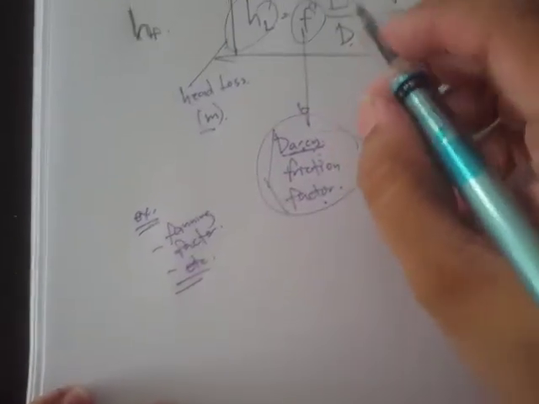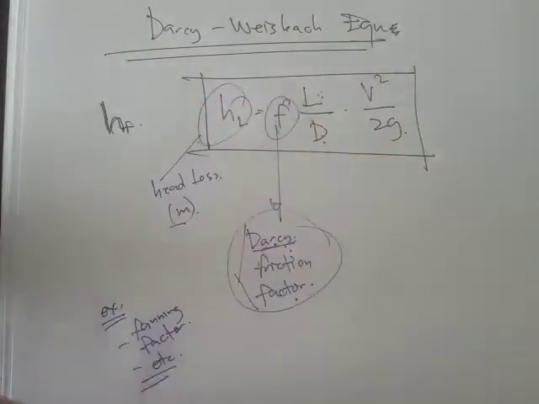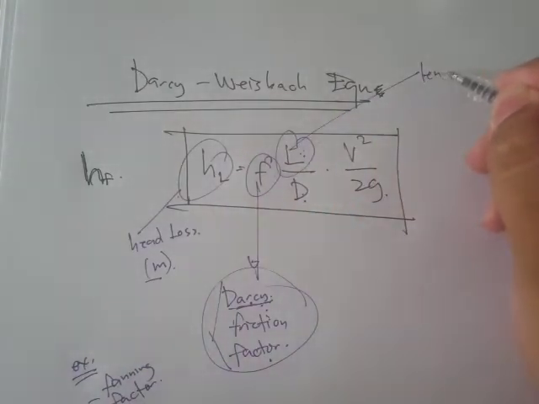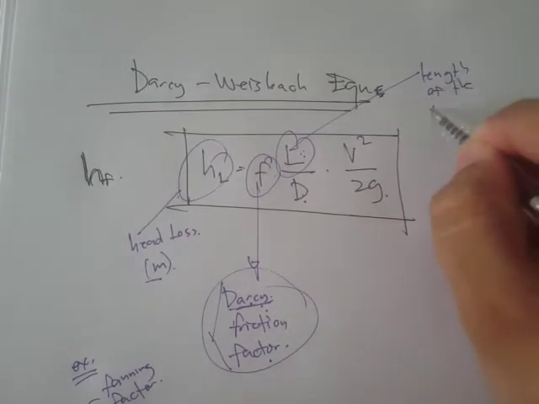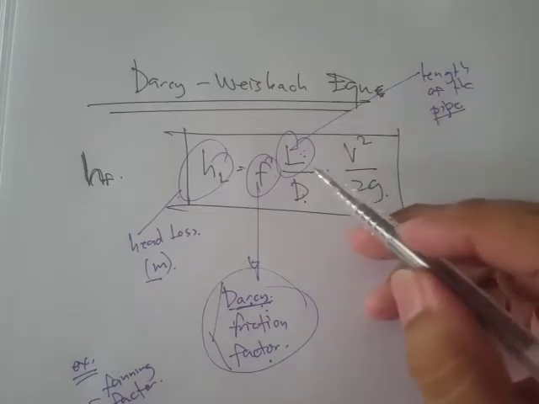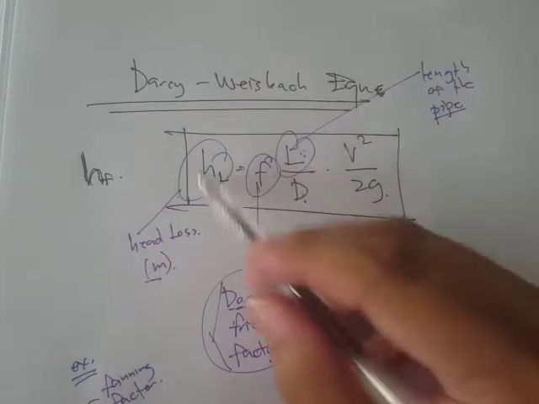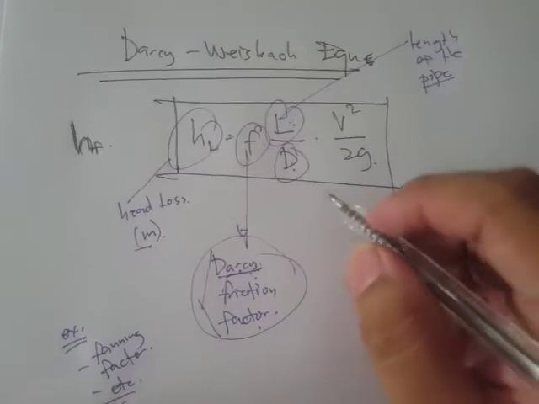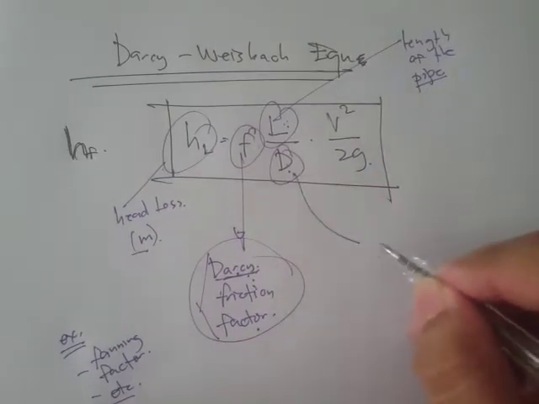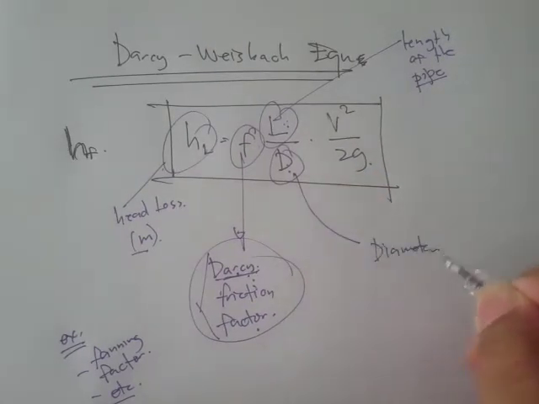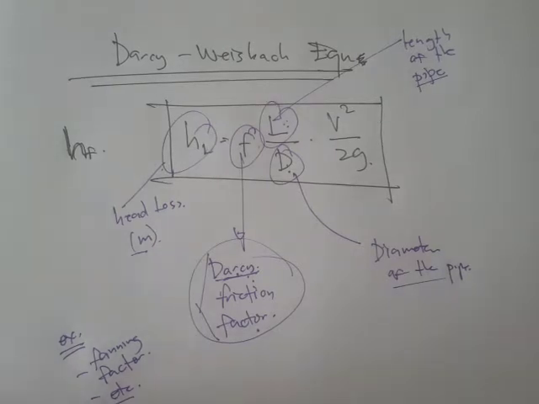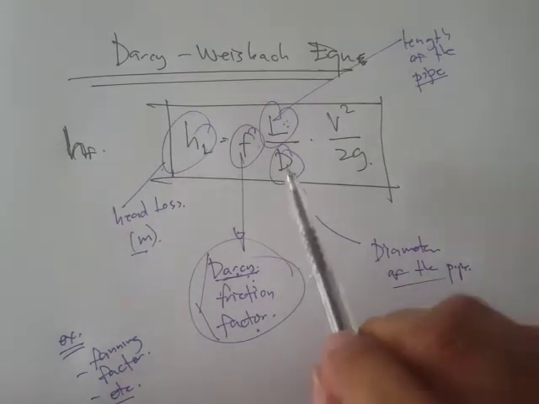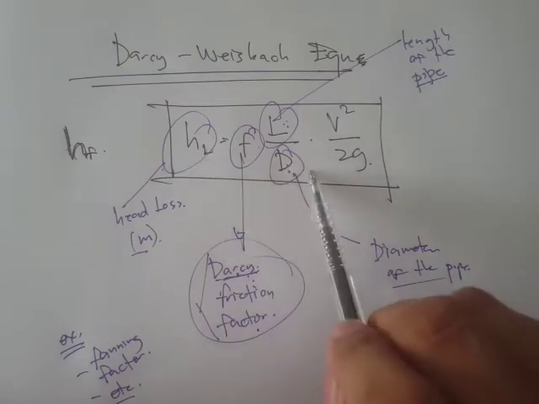This L is the length of the pipe. If you have a longer length, then of course you'll have higher head loss. The D is the diameter of the pipe, and if you have a larger D, that's inversely proportional to the head loss.